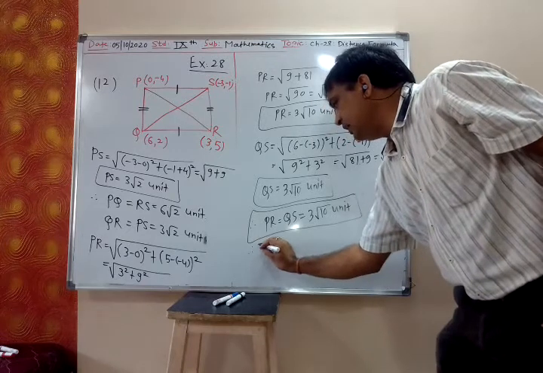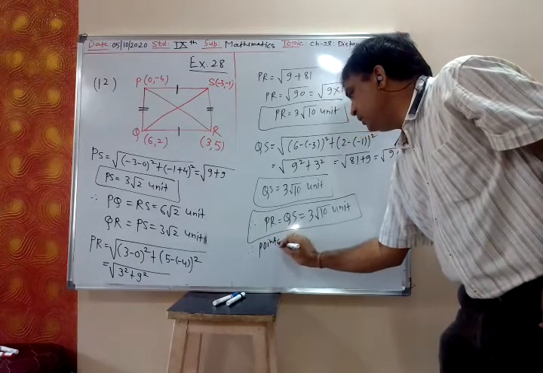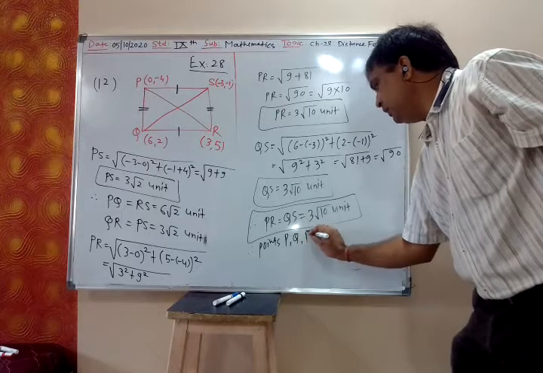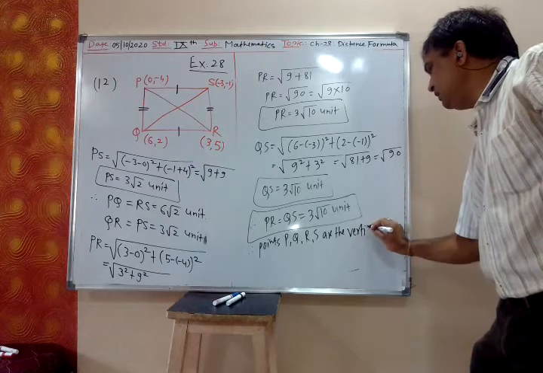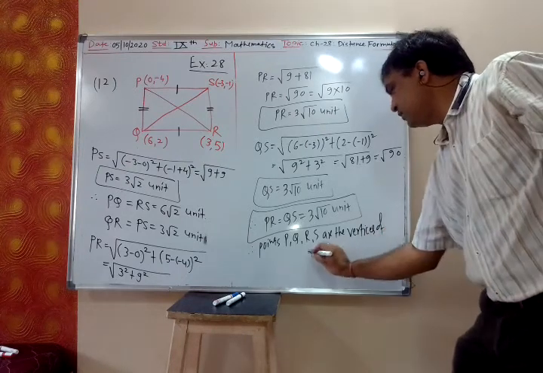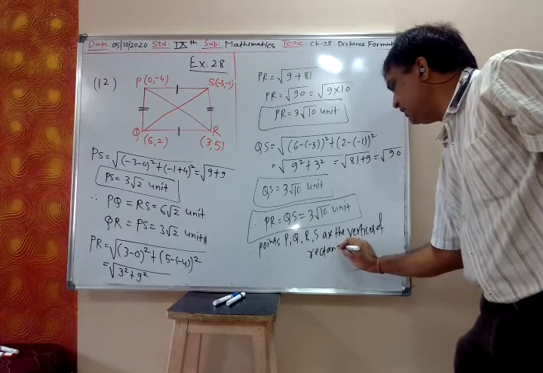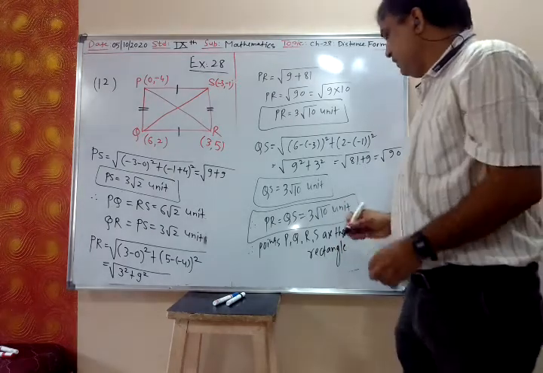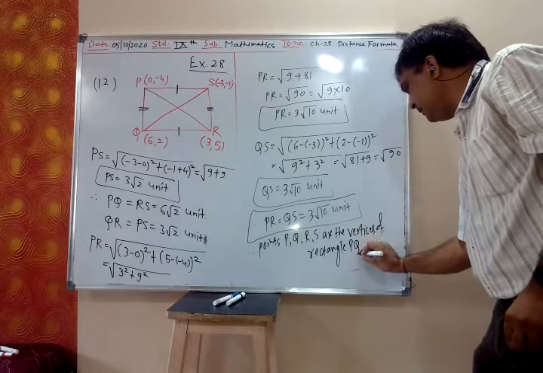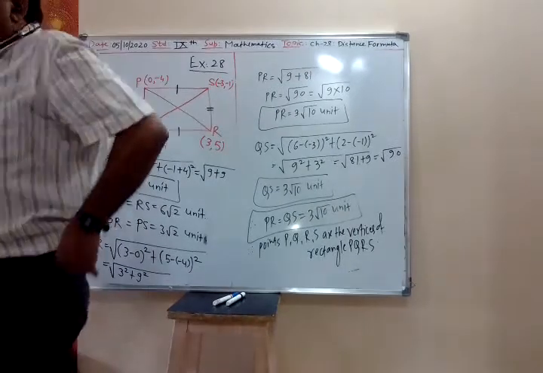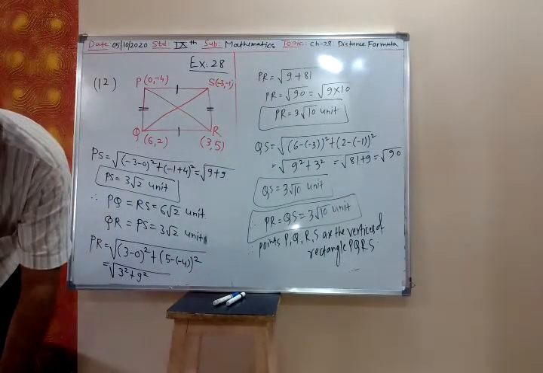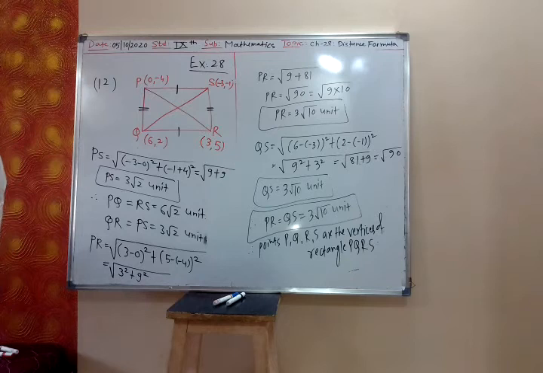So therefore we finally write: points PQRS are the vertices of rectangle PQRS, because we have shown that for the given figure PQRS, the opposite sides are equal and the diagonals are also equal.